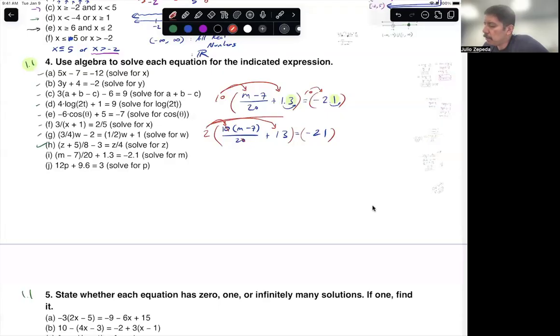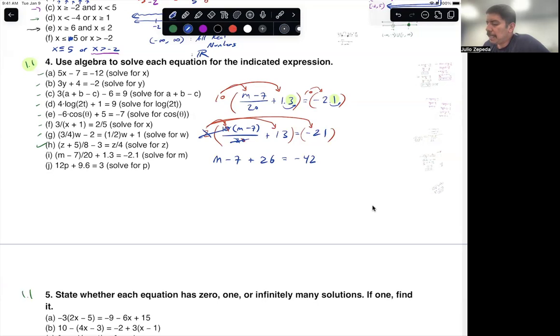We multiply by 2, and that 2 cancels with this 2, or the 2 times 10, the 20 cancels with 20, however you want to think about it. And then we have m minus 7 plus 2 times 13, which is 26, and 2 times negative 21, which is negative 42.